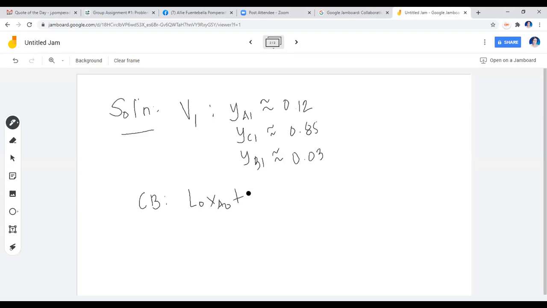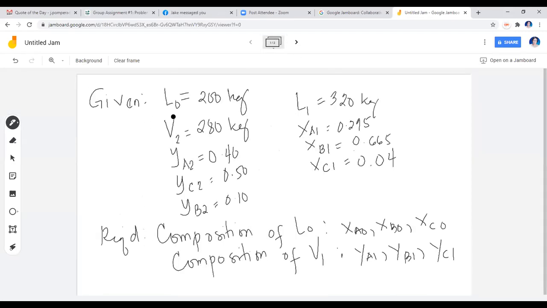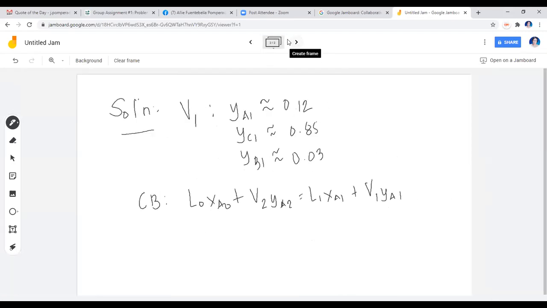L0 XA0 plus V2, this is your solvent, YA2, being equal to L1 XA1 plus V1 YA1. So the value that we have for L0 is 200, so you will have a 200 here.